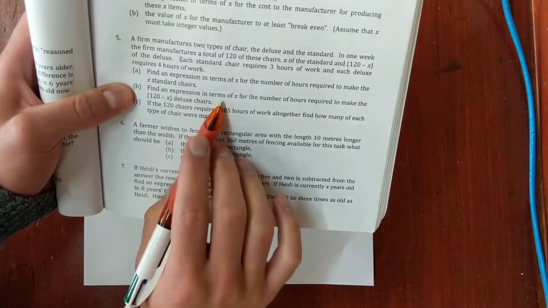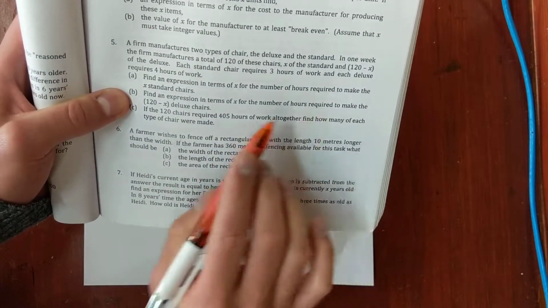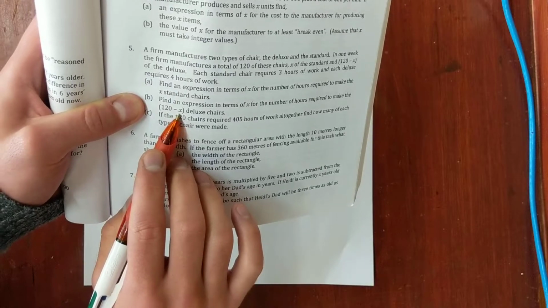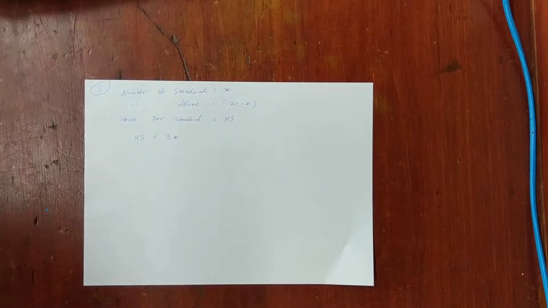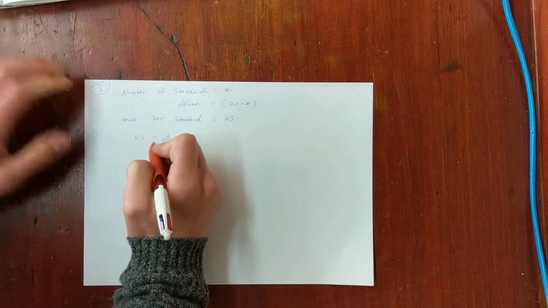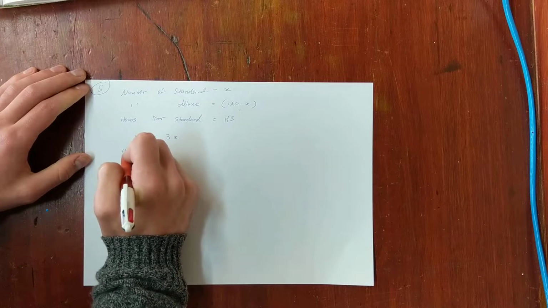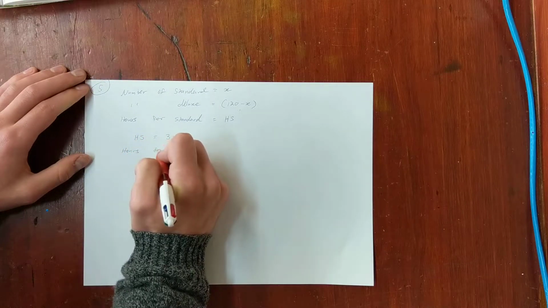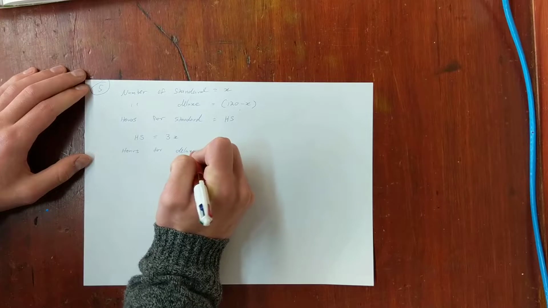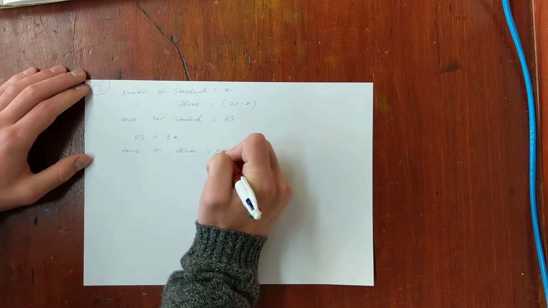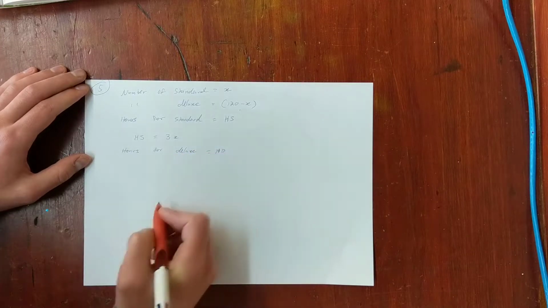Question B, find an expression in terms of x for the number of hours required to make the 120 minus x deluxe chairs. So now we need the variable, the total number of hours for the deluxe chairs, and so we'll call that HD, hours for deluxe.